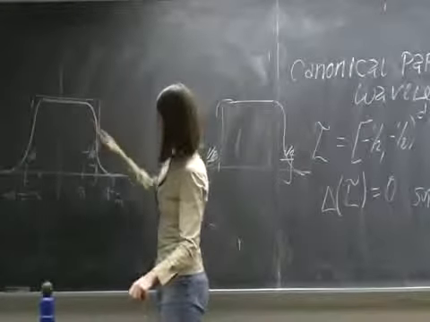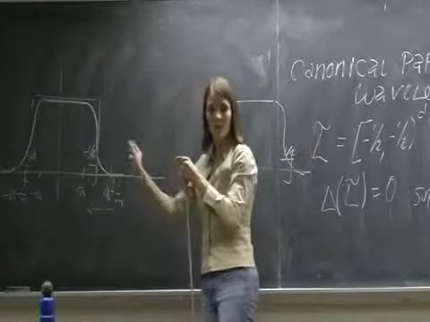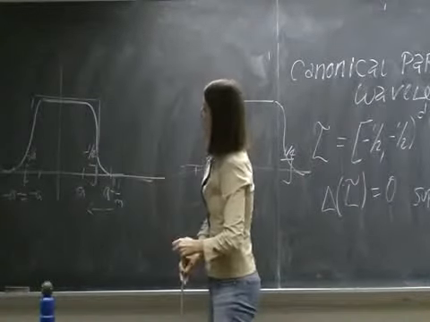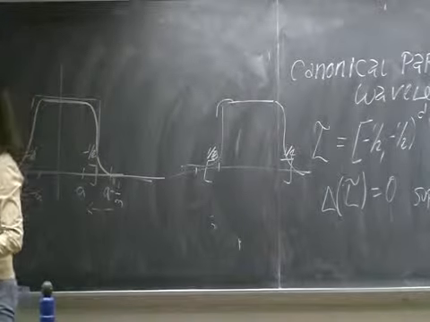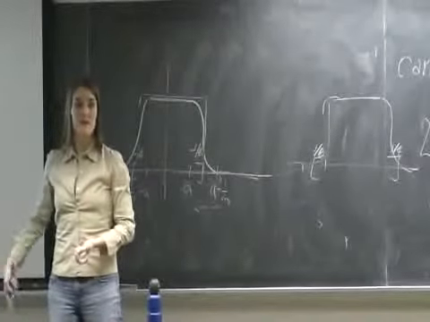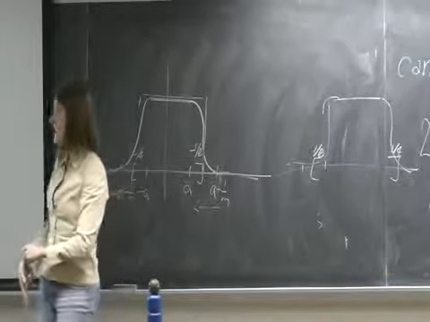If we replace it with one of these functions and squeeze that a and b value closer and closer together, then if you compute the frame bounds, they actually converge to 1. So we beat this frame bound gap problem.